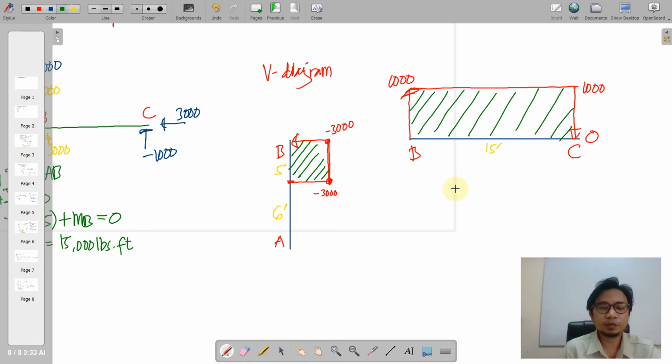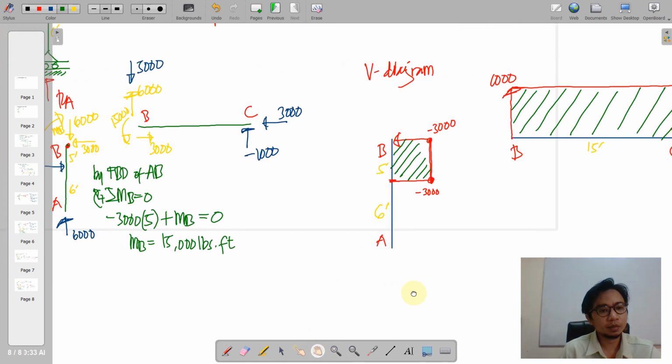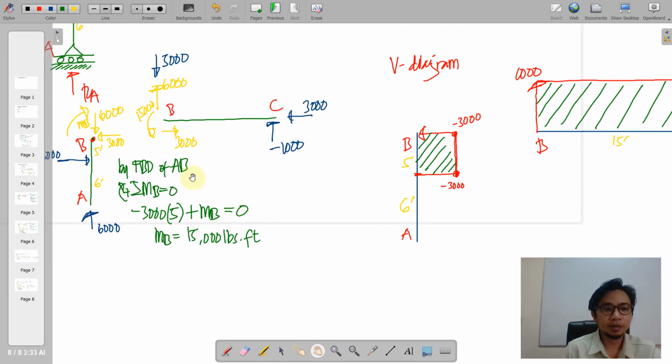So this is now our shear diagram. And from the shear diagram, we are just concerned with this area here: area of AB, area of BC, and of course the couple that will be developed per joint. So MB here will have a clockwise moment equivalent to 15,000 pounds per foot on the column AB.